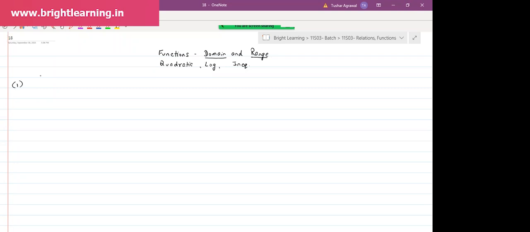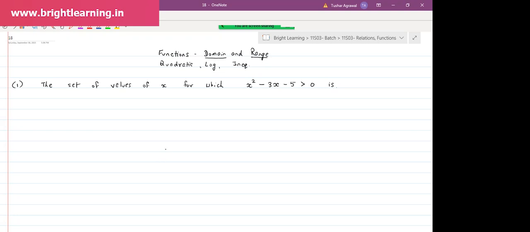So first, the set of values of x for which x square minus 3x minus 5 is greater than 0 is some interval.